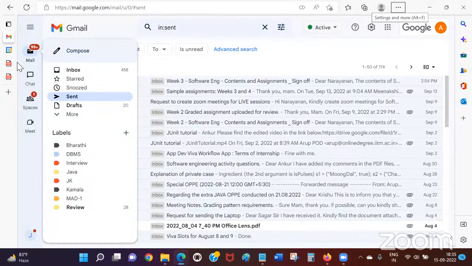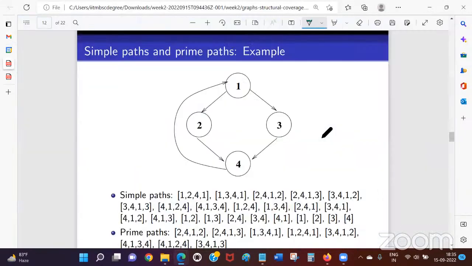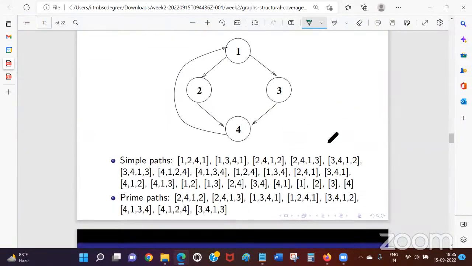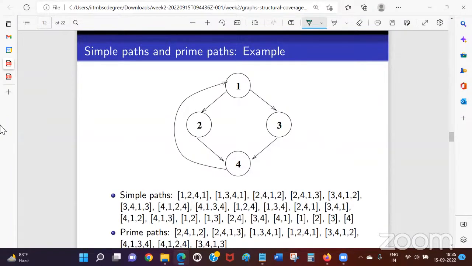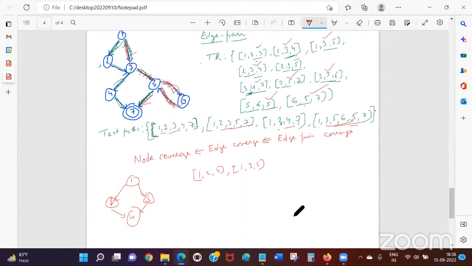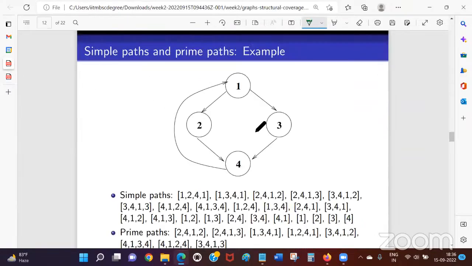Okay, let us start. So this was the graph we are discussing. Let us draw the graph first, then I'll explain. What I have in the graph is nodes 1, 2, 3, 4.